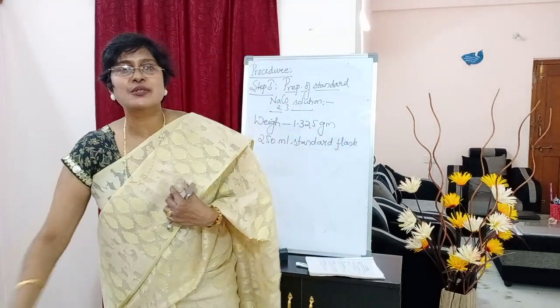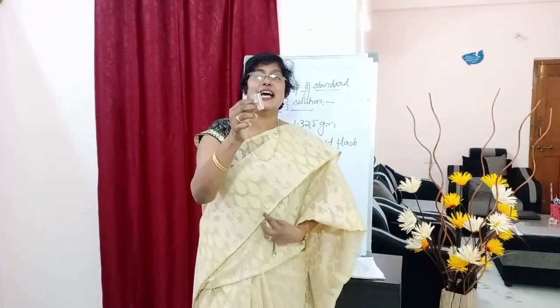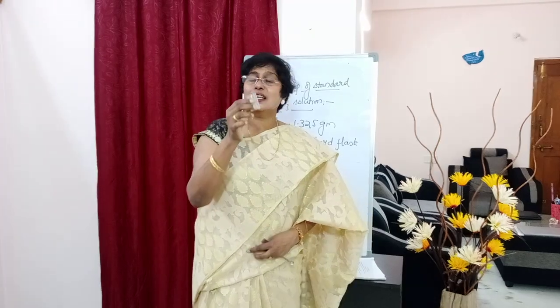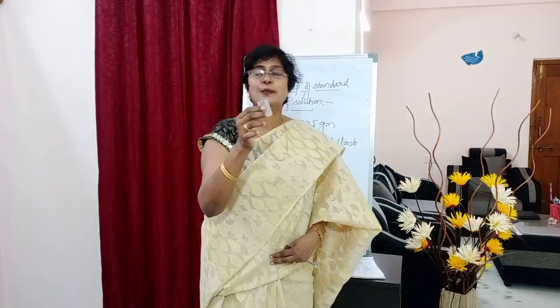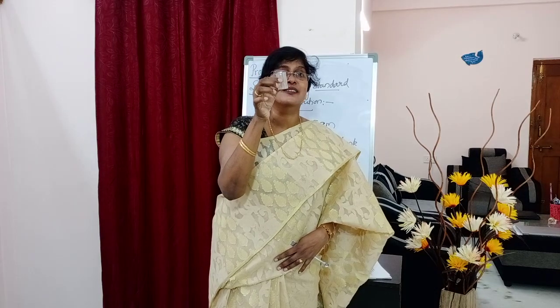Then you will be taking the substance into this bottle and you should weigh the substance. How much should be taken? 1.325 grams. As we are doing it on the electronic balance, weighing will be easier than on a common balance. This is called a weighing bottle.